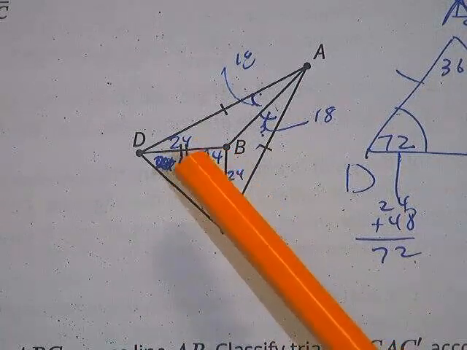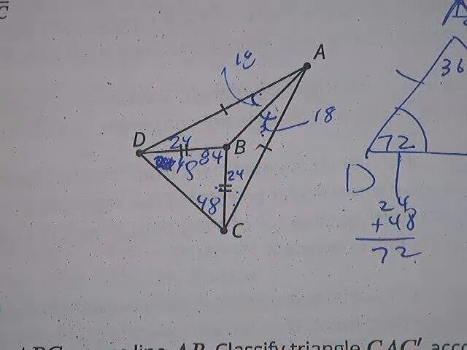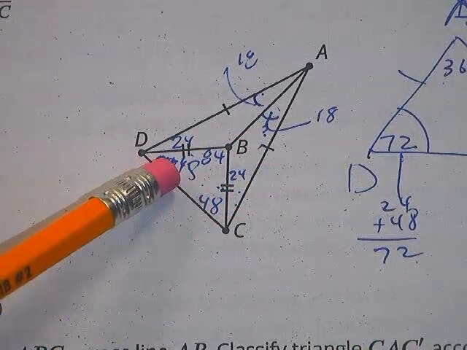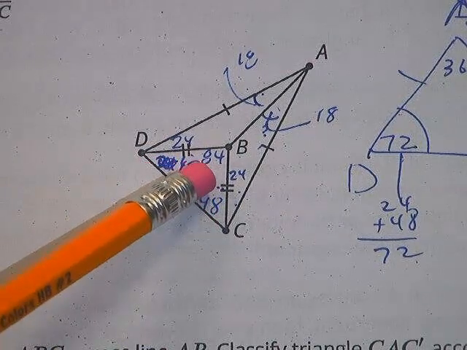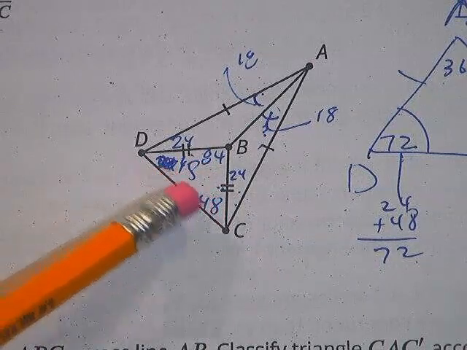So since this is an isosceles triangle, BDC, the 2 angles down here at the bottom have to be the same number. So 180, take away the 84, leaves me with 96. Divided by 2 makes both these angles 48.